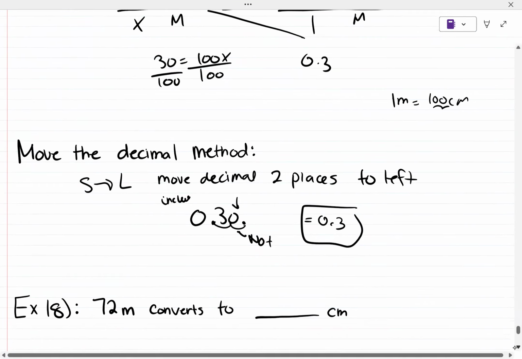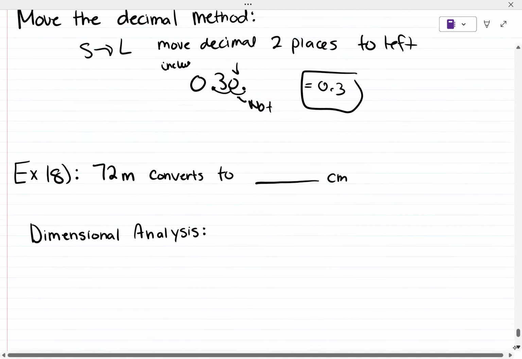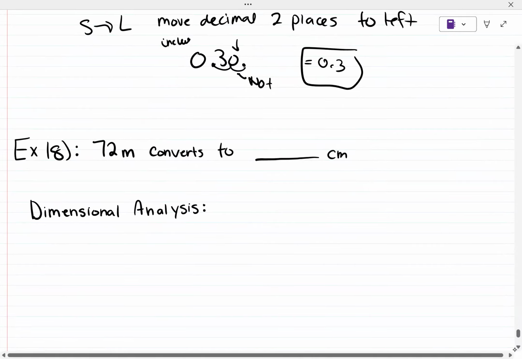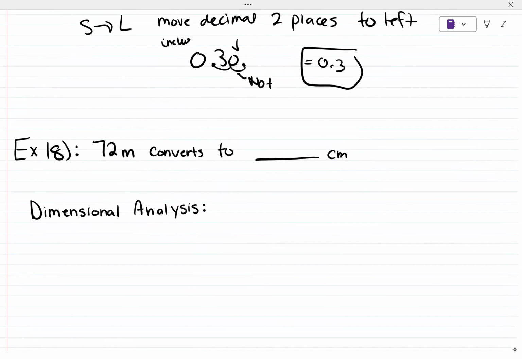Okay, let's do the last one. Example 18. Convert 72 meters to centimeters. So a meter is pretty large compared to a centimeter, so we're technically going from a larger to a smaller unit. Dimensional analysis: 72 meters times meters on the bottom and then centimeters on the top.